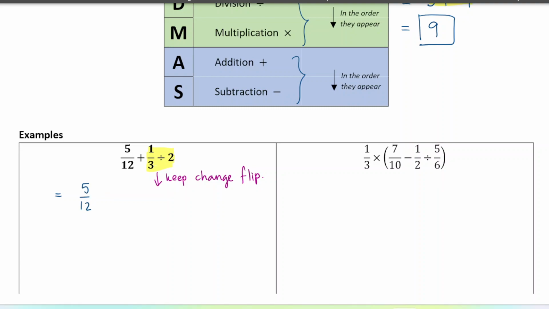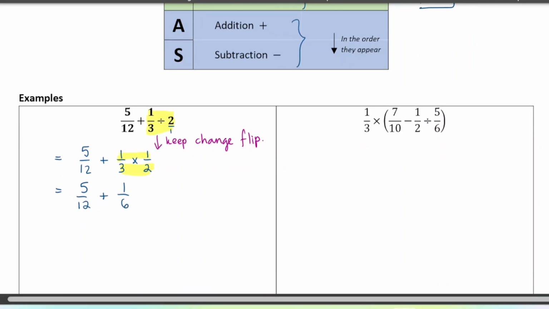So I'm still going to write the 5 over 12 plus, and now I keep the first fraction, change the sign to multiply, and flip the second fraction. Remember 2 over 1 is the same as 2, so it becomes 1 over 2. Now I'm going to answer that multiplication: 5 over 12 plus, 1 times 1 is 1, and 3 times 2 is 6.